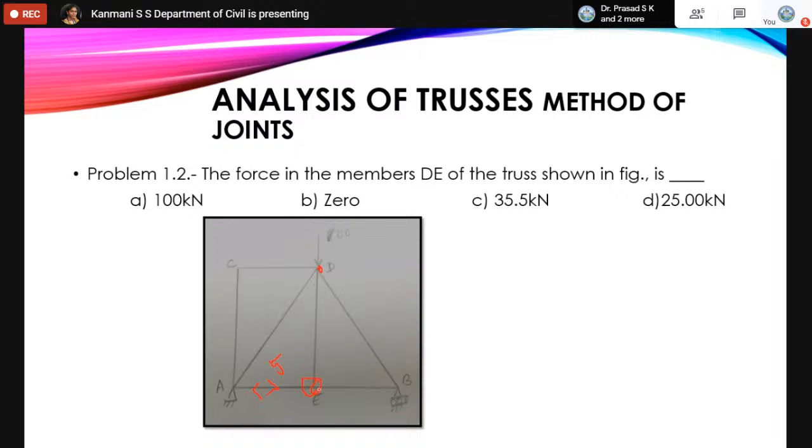So EB will become minus 5 kilonewton. So your answer is like this. Again, this is also compression, 5 kilonewton, since these are collinear. And for the third member, if you put sigma Fy equal to 0, this will become 0. That's why the force in member DE is 0.